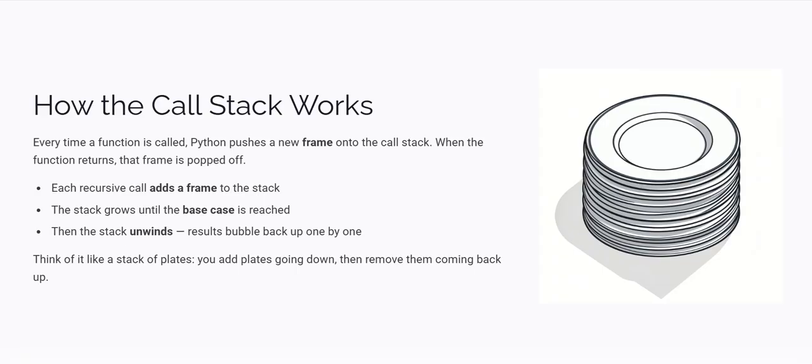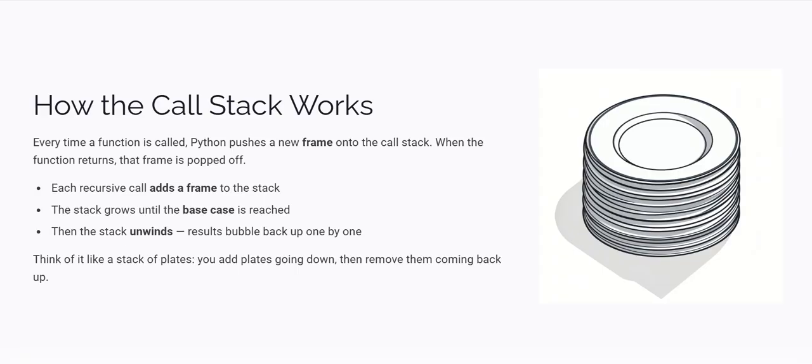When the function returns, the frame is popped off of the stack. Each recursive call adds a frame to the stack. The more you call it, the more frames you get.